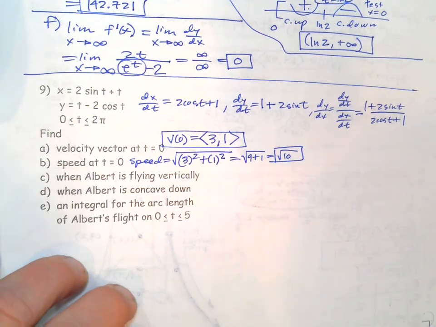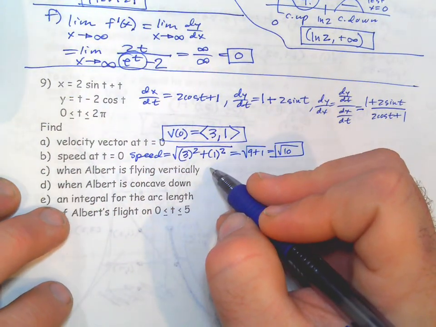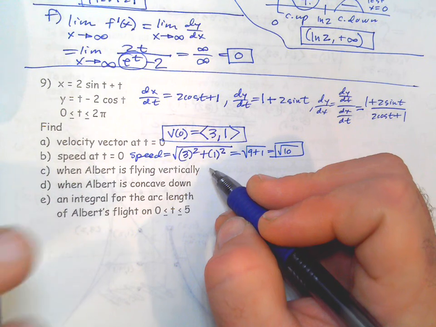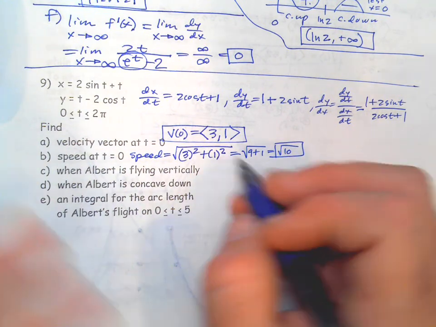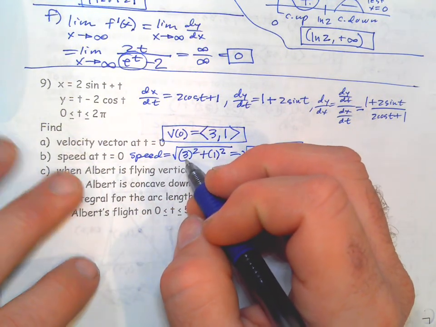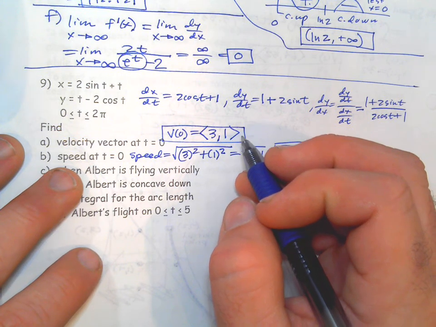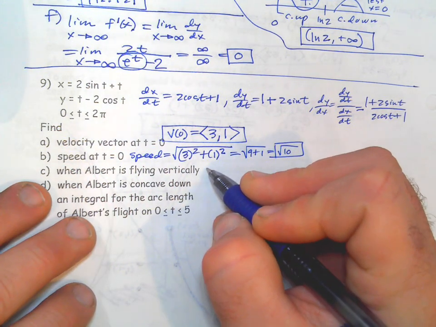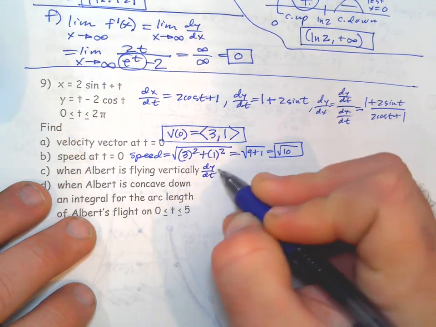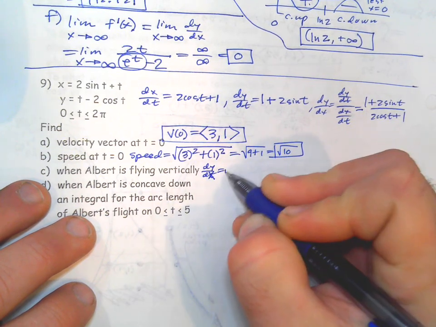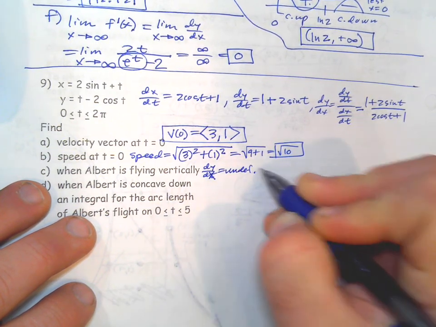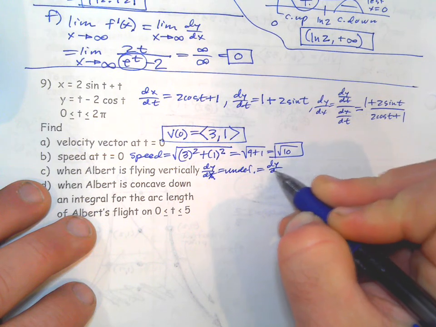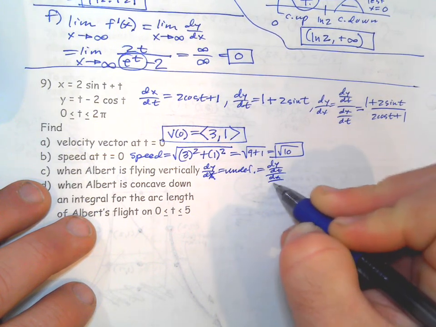And then, when is Albert flying vertically? Now you've got to watch on vertically and horizontally stuff and make sure it's not happening on both of them, which I think this one might. So vertically, that's going to be when dy dx is undefined, which is dy dt over dx dt, so you've got to be getting division by 0.